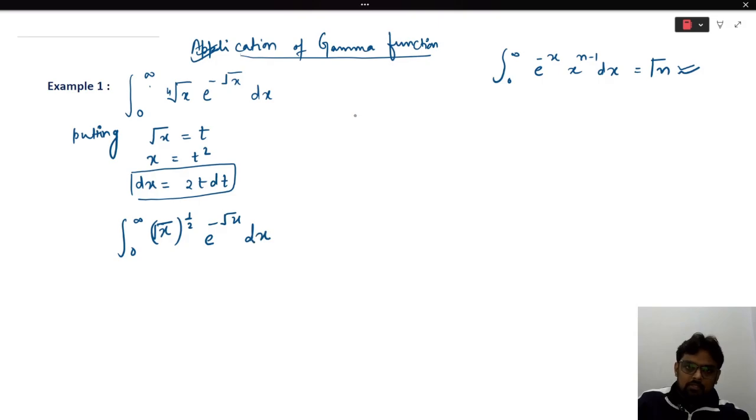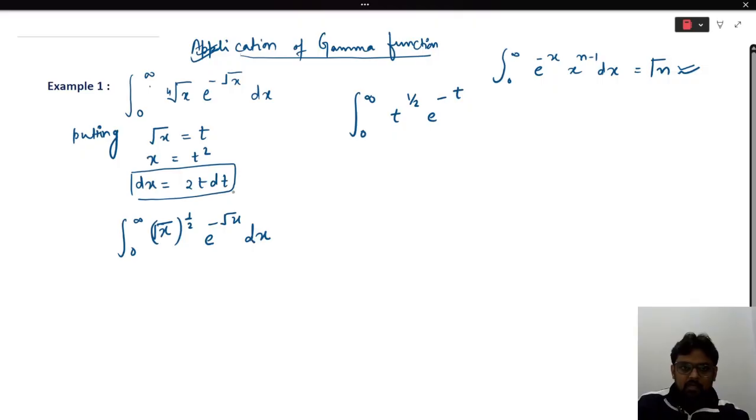The limit will not change here, so 0 to infinity remains. In place of root x we can put t, this is t to the power 1 by 2 e to the power minus t, and in the place of dx we put 2 times t dt. The 2 will come out of the integration: 2 times integration 0 to infinity t to the power 1 by 2 e to the power minus t and t dt.